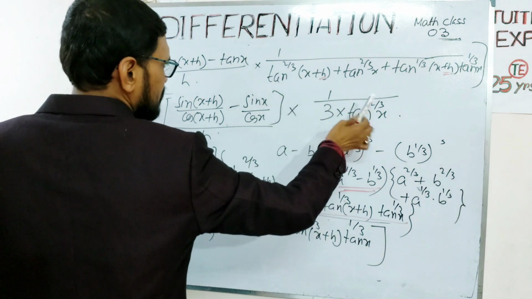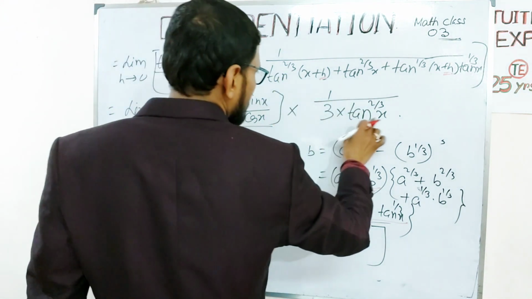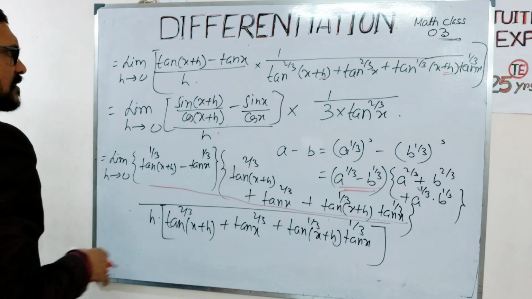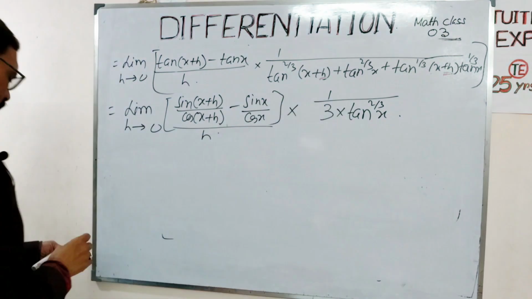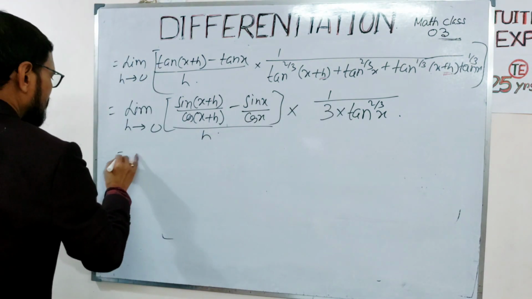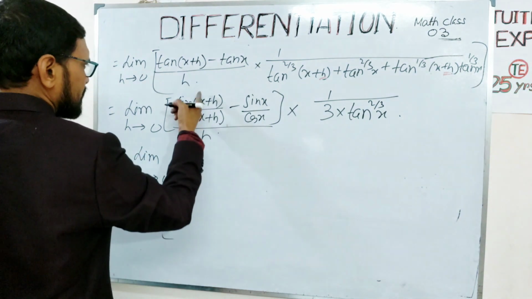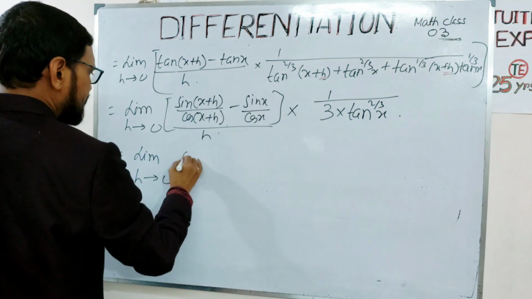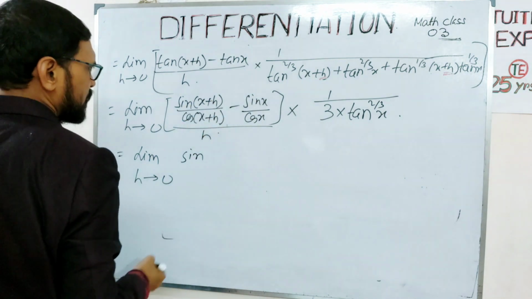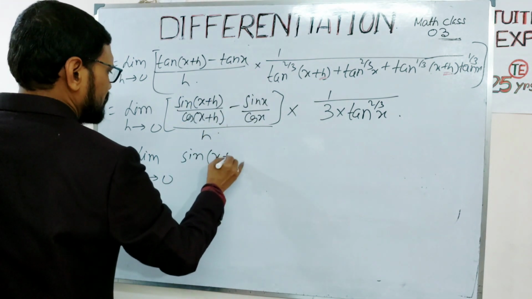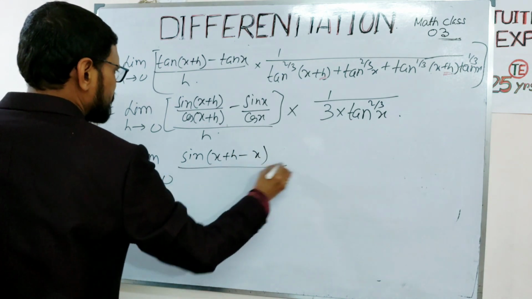So 3 tan to the power 2/3 x. Here we get this. Now this term is sine this into this minus this into this. So sine, this becomes sine (a minus b), sine (a minus b) by h.